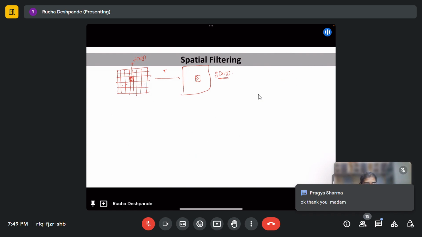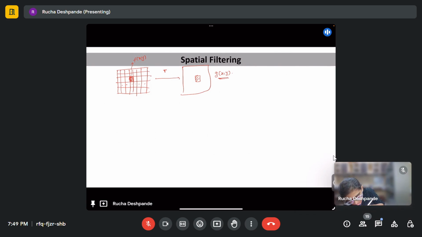Now in neighborhood operations, to find the output value for 1 pixel, we also consider the pixels which are surrounding it.